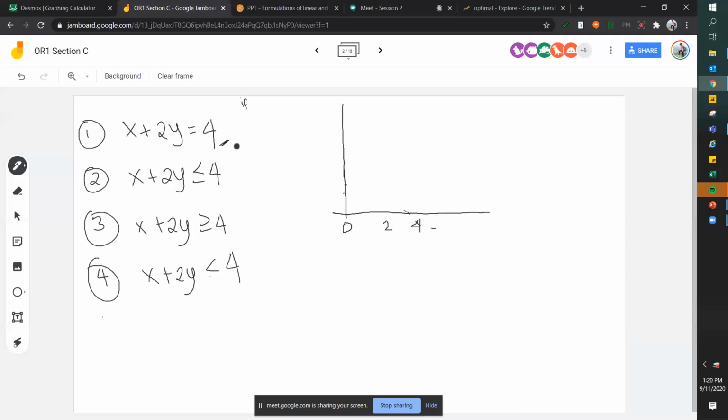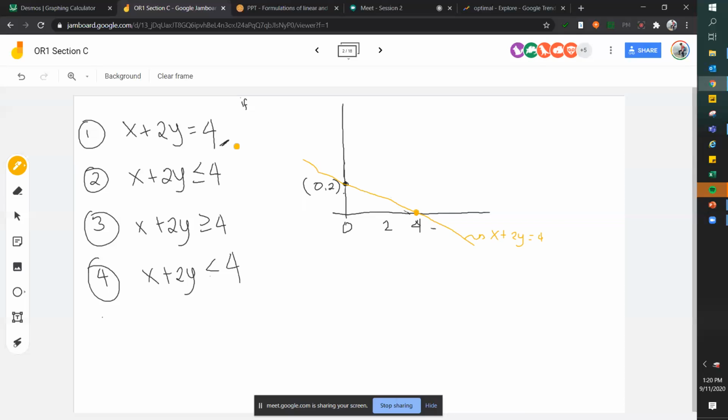So, if x is 0, anong y natin? So, kita ko kanina nilagay mo dito. Tama po ba? We have 0, 2. Ito siya. Tama po? And then the other one is here. And then, yep, that's the equation of the line. This is x plus 2y is equal to 4. Walang problema dyan, ano? Okay? Now, so that's equation 1.